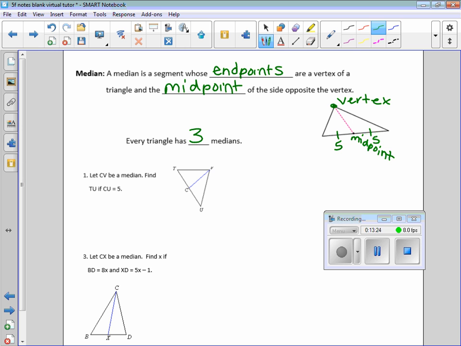So in question number 1, let CV be a median. So because CV is a median, that makes TC congruent to UC. They're asking you to find TU, which is the length of the whole side, if CU is 5.